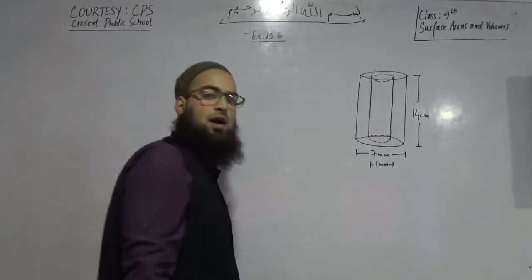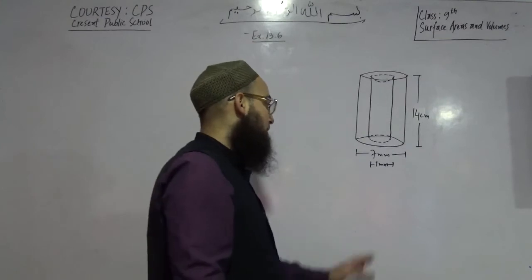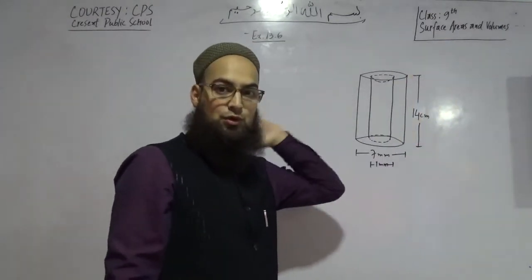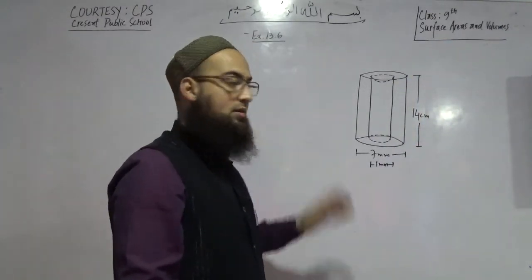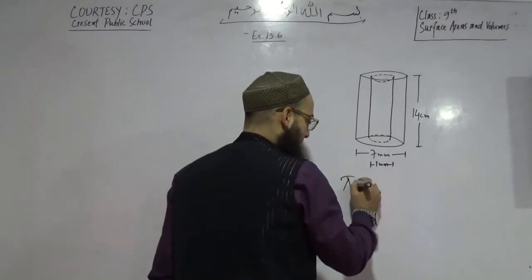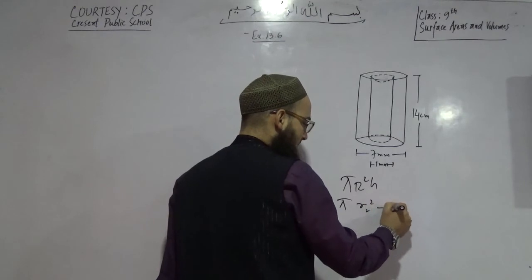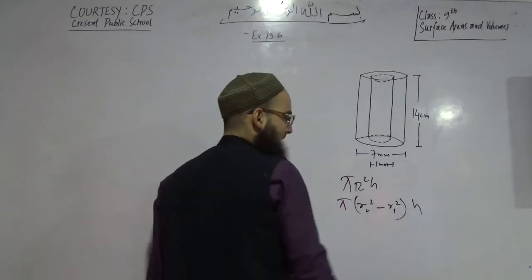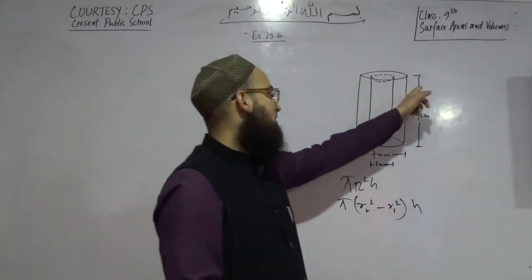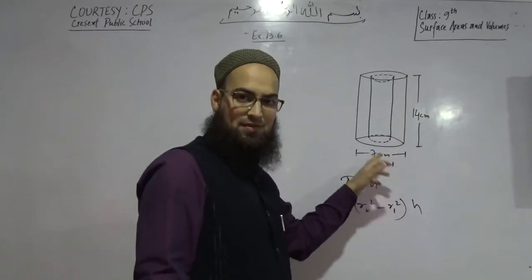Volume of the wood, pi r square h. But when you find the volume of the wood, you need to consider outer minus inner. So that means pi times R2 square minus R1 square, times h. R2 is the outer radius, so you'll get it from 7 by 2.